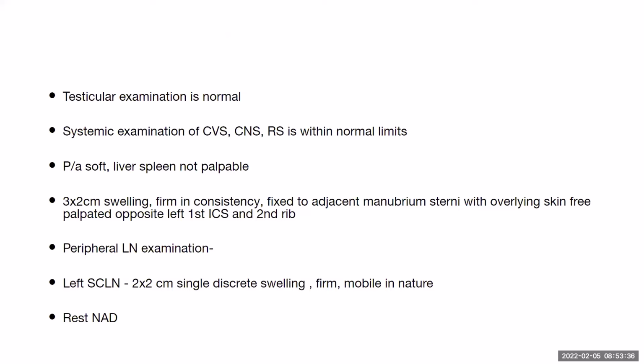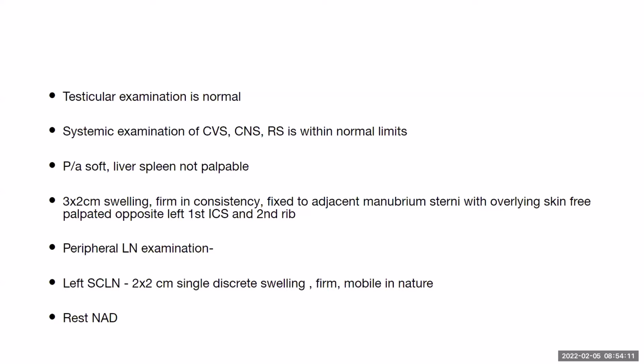Going to systemic examination, testicular examination was normal. Examination of the cardiovascular system, central nervous system, and respiratory system was within normal limits. There was no hepatomegaly or splenomegaly on abdominal examination. A 3 into 2 centimeter swelling, firm in consistency, fixed to the adjacent bone, manubrium sterni, with free overlying skin, was palpated opposite the left first intercostal space and second rib.